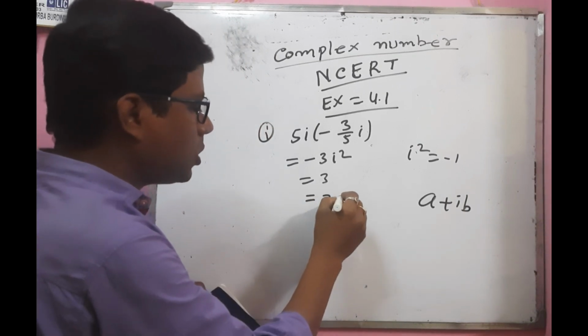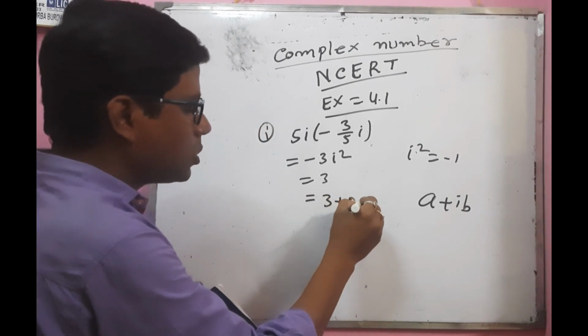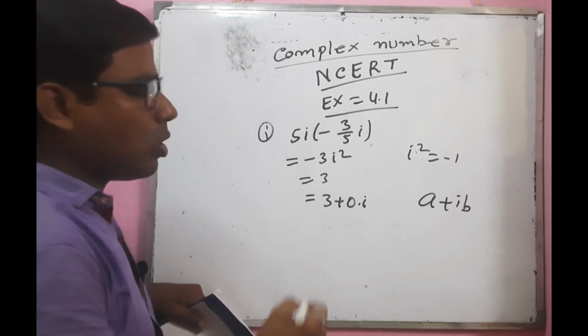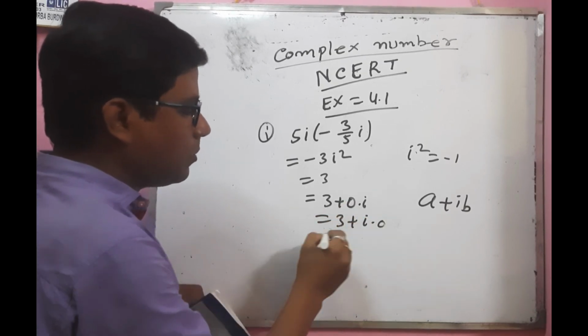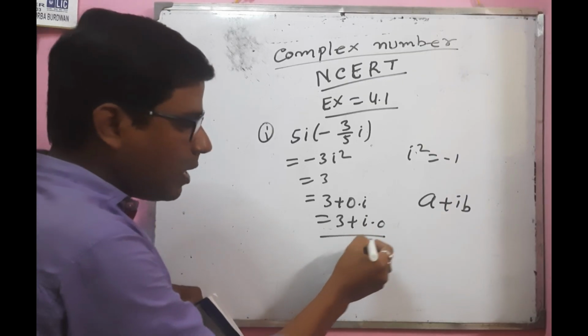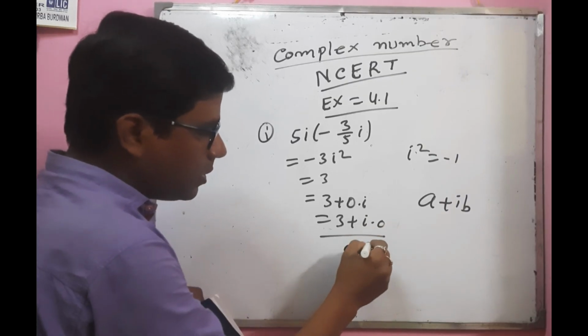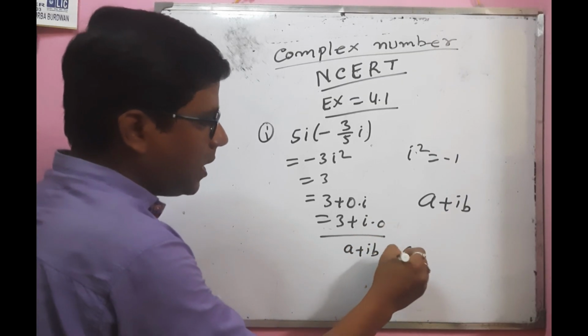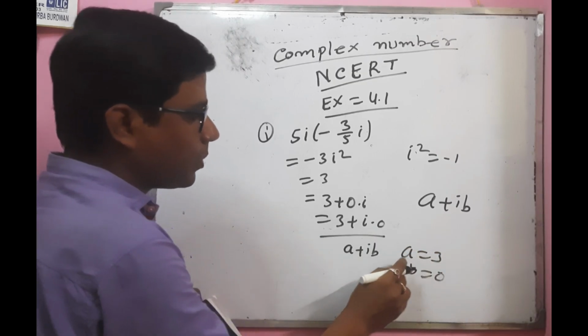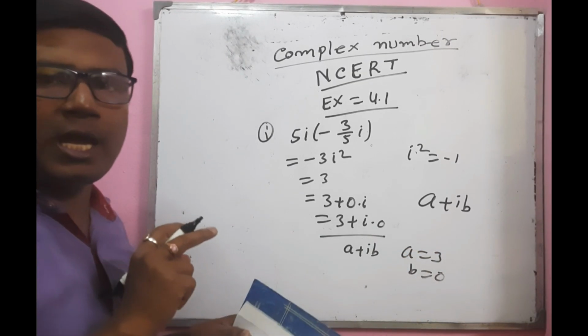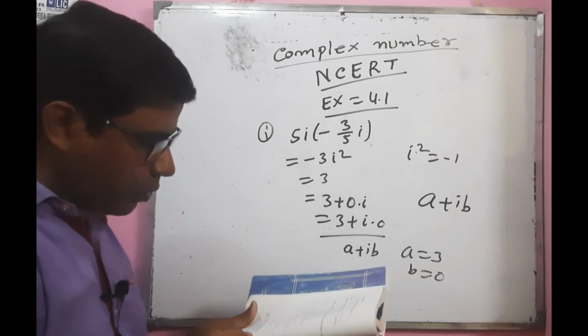So this will be 3 plus 0 into i, this is the A plus iB form, where A is 3 and B is 0. So first problem is solved.